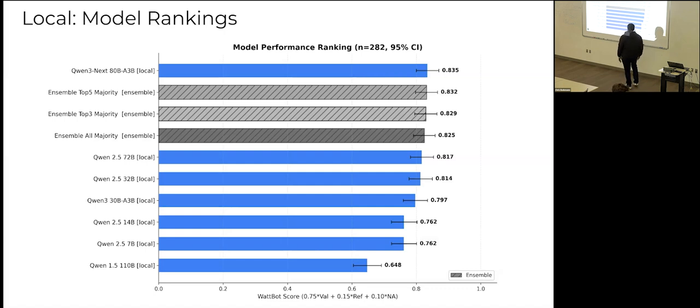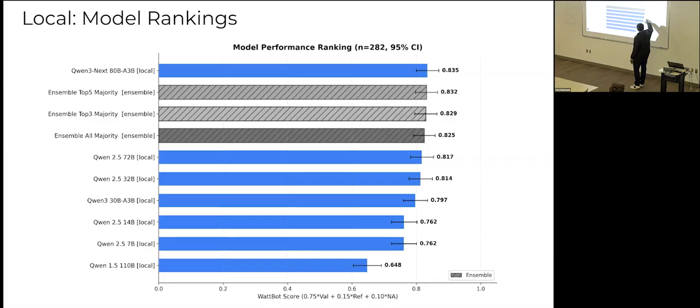If you remember, Chris talked about the different weights and how the scores are calculated: 75% on value, 15% for references, and 10% for questions that they couldn't answer. So for the general score, we see that the Qwen 2.5 models up to the Qwen 3 next generation models have a little competition for the scores. We have around 0.8, but the differences are in the second decimal place.